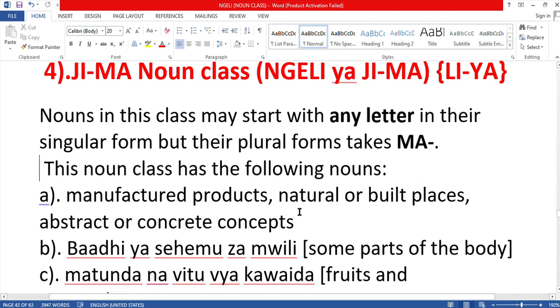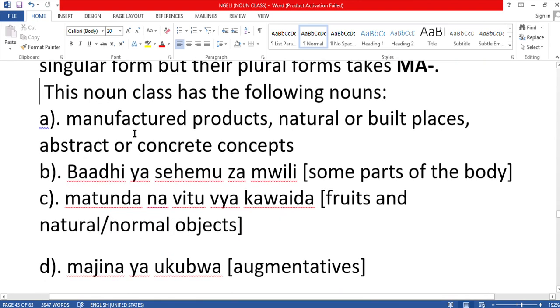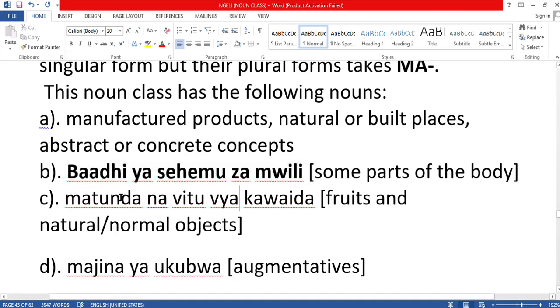This noun class has the following nouns. A. Manufactured products, natural or built places, abstract or concrete concepts. B. Baadhi ya sehemu za mwili, some of the body parts.